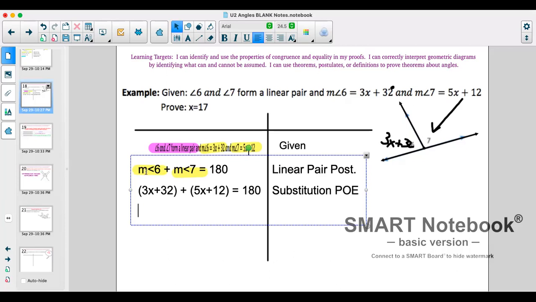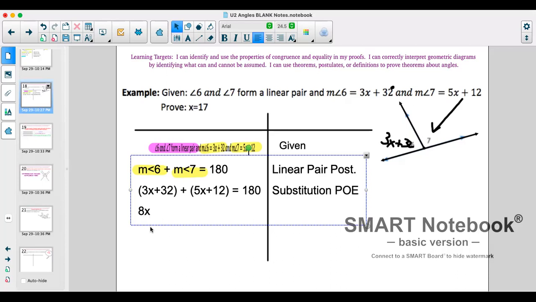I advise my students anytime I substitute to write things in parentheses. That way, if there's a coefficient, I don't miss out on my distributive property, anything like that. For this case, I don't have a coefficient here, so there would be no distributive property missing out. There would be no symbols that I am missing either. It would just be, all right, now I can look at all that and I can combine my like terms.